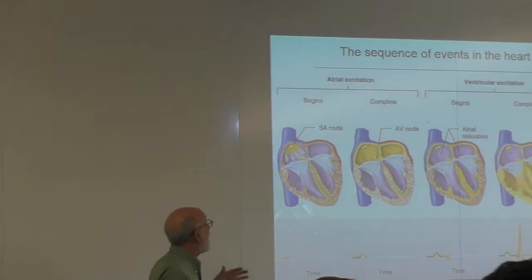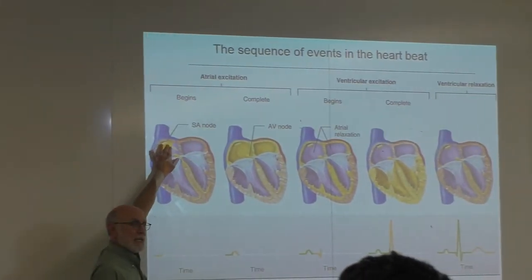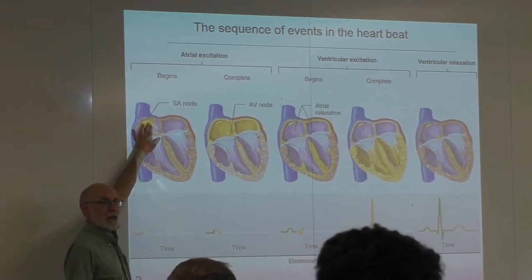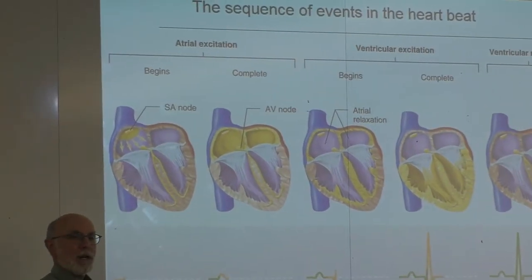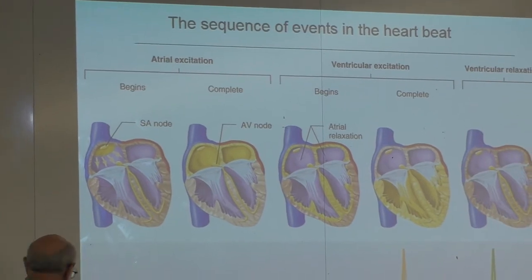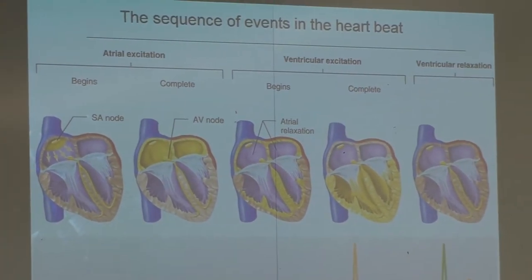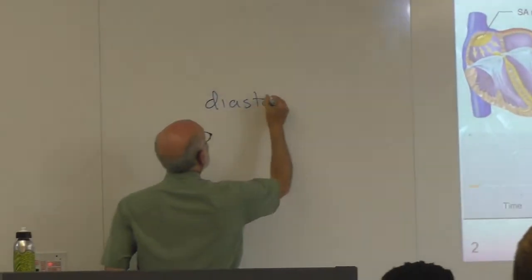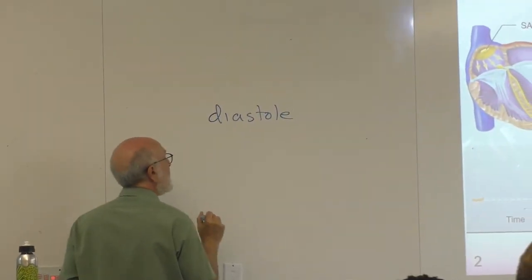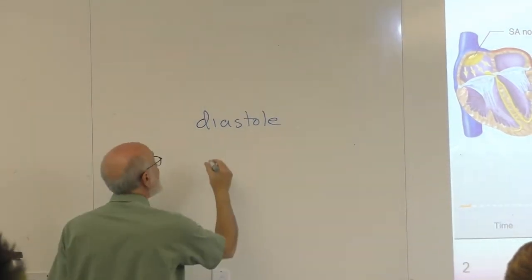Okay, so as a reminder, the heartbeat starts in the SA node. Before the heartbeat, the heart is at rest or in a period of diastole. Diastole is the resting condition. And now we're starting systole.